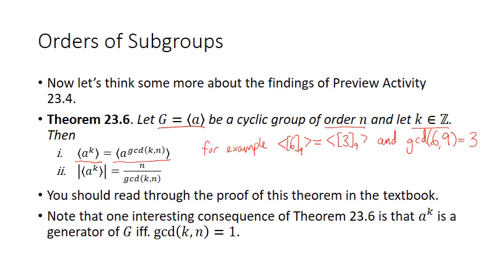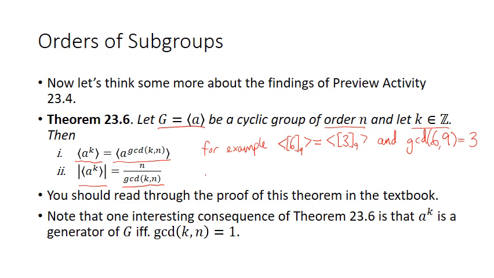And then the second thing that we get from this theorem is that the order of the cyclic group generated by a to the k is going to be the order n of that group G divided by the GCD of k and n. So that's another thing that is quite interesting.